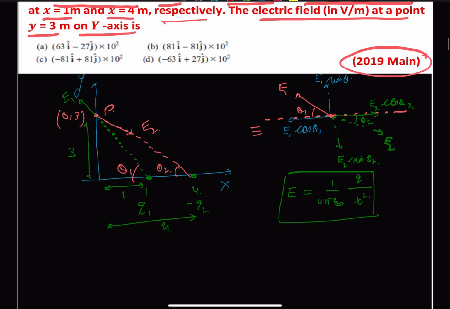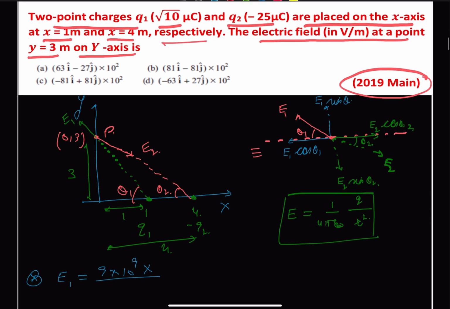So we can find out the value of our E1. E1 will be equal to 1 upon 4 pi epsilon naught, which comes as 9 into 10 to the power 9, and the charge Q1 is given to us as square root of 10 into 10 to the power minus 6, and the distance will be R1 and this will be R2.